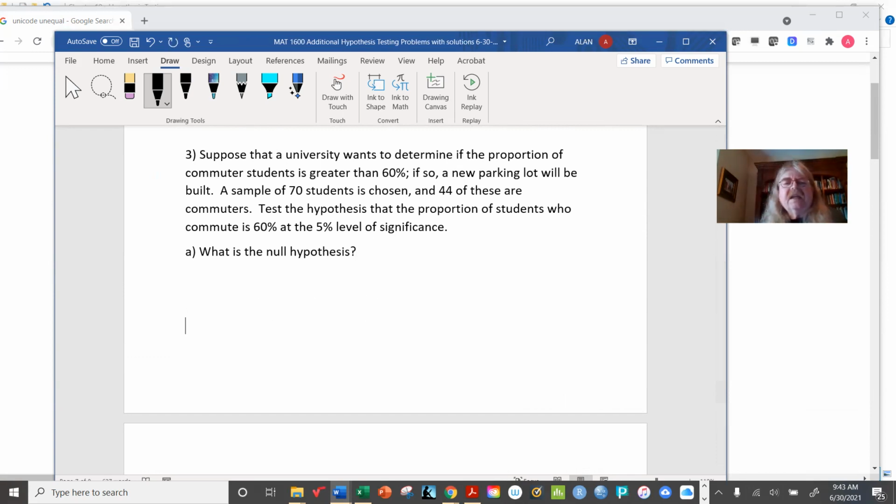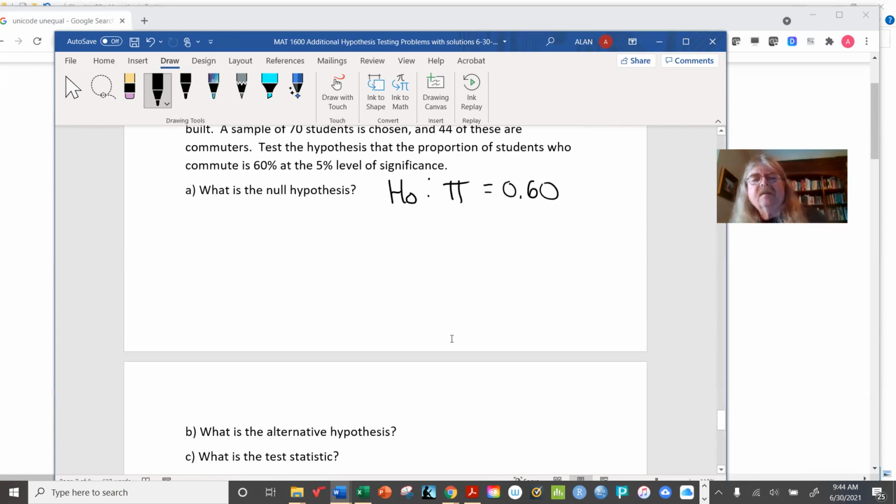Now, in this case, we only care if the proportion is greater than 60%. Also, don't forget, we're using the symbol, the letter pi, to represent proportions. Not 3.141, but so this is a right tail test. Because we only need evidence that it's greater.